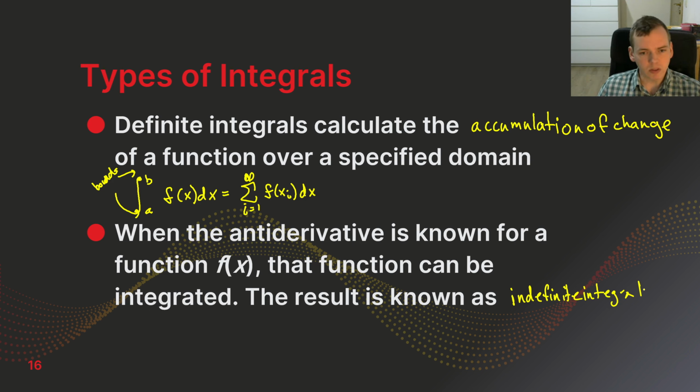So integrals are just ways to calculate the accumulation of change, or on a graph, the area under that curve. And they're defined using this idea of a Riemann sum for a definite integral. For an indefinite integral, they'll be defined using the antiderivatives that we'll talk about in another video.